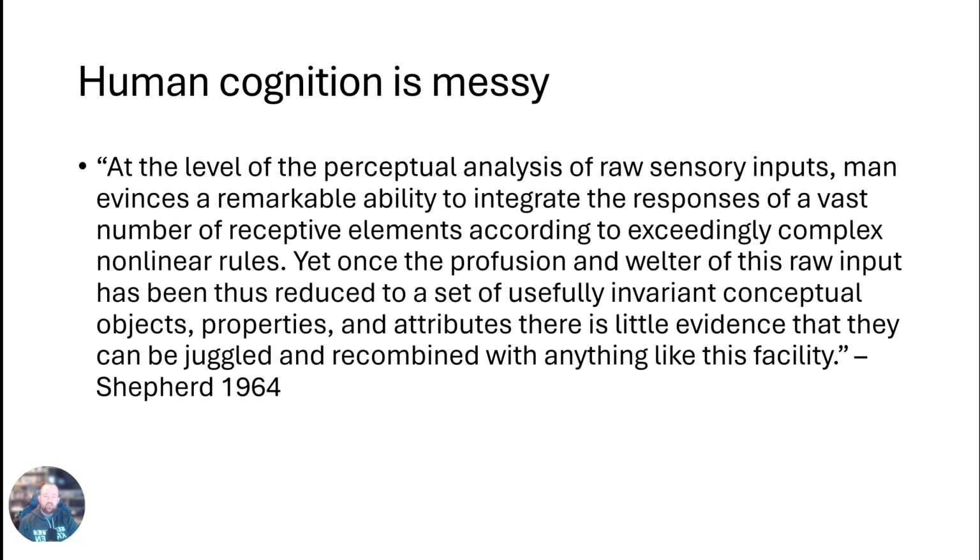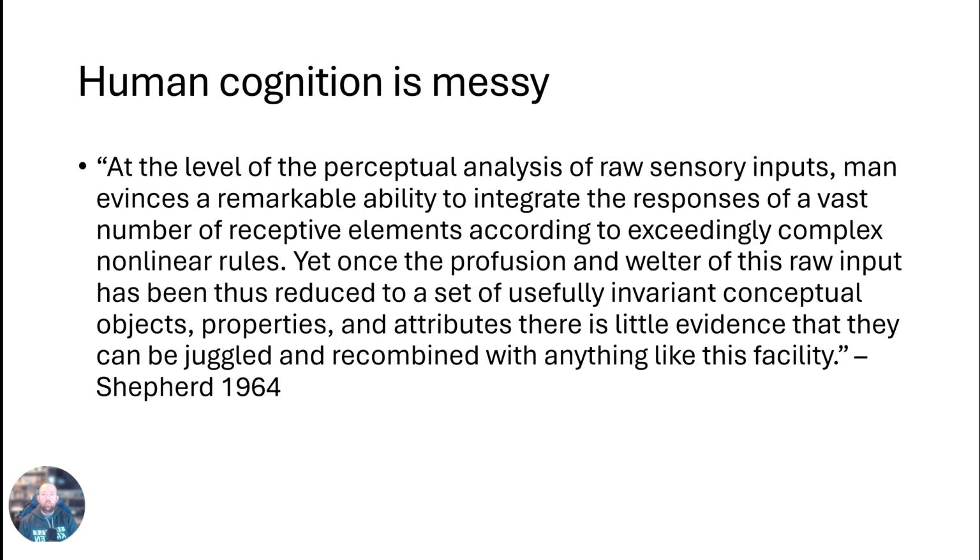And I'll leave this up for a bit. If you're interested, pause it. It is a bit of an unwieldy definition. But one of the things that I like about it is what it's arguing here, and I'll just pull it out a little bit so it's clearer. Man has a remarkable ability to integrate the responses of a vast number of receptive elements, those are our sensations, according to exceedingly complex nonlinear rules.